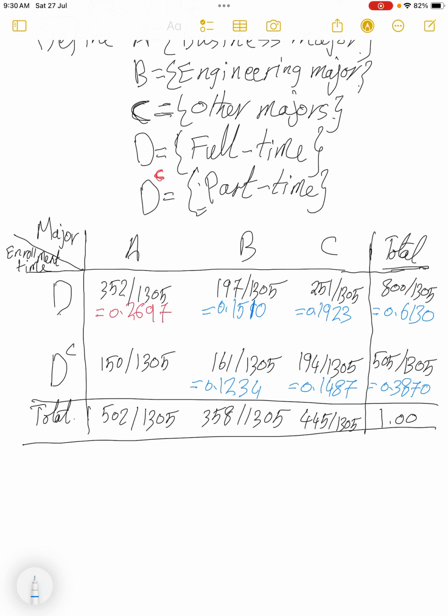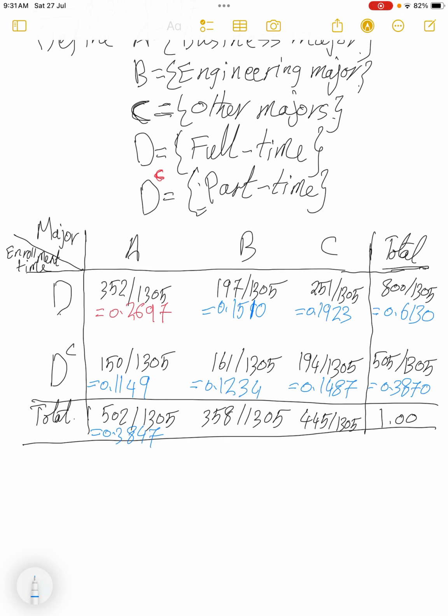And 150 divided by 1,305 equals 0.1149. Here the last 3 numbers, 502 divided by 1,305, it will be equal to 0.3847.